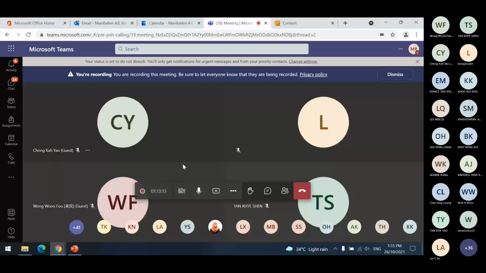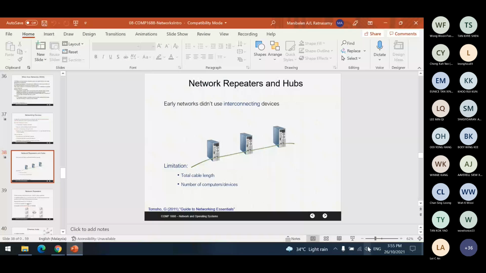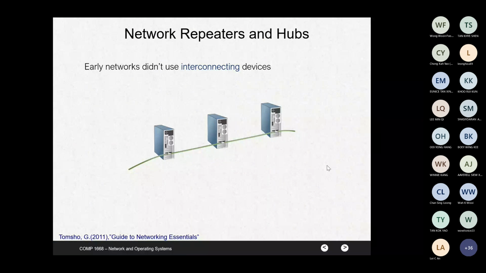Okay, before we go into the switch and hub, let's take a look at repeaters and hub. Early networks didn't use interconnecting devices. Earlier in the early 90s or early 80s, when the network was introduced to the world, either two devices were connected together, or the devices were alone.